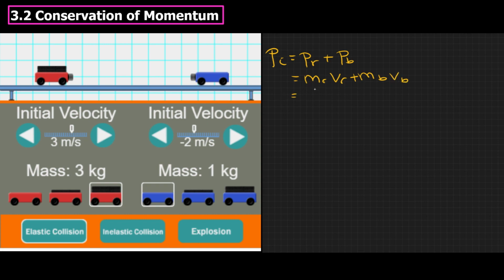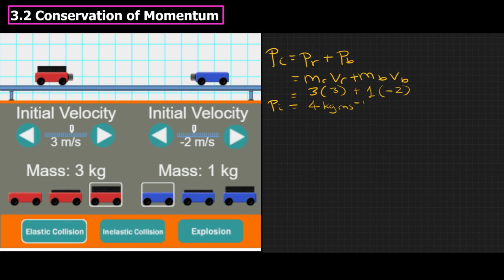The red car is 3 kilograms with a velocity of 3 meters per second, plus the blue car is 1 kilogram and its initial velocity is -2. That gives us 6 minus 2, so that is 4 kilogram meters per second. That is the initial momentum.